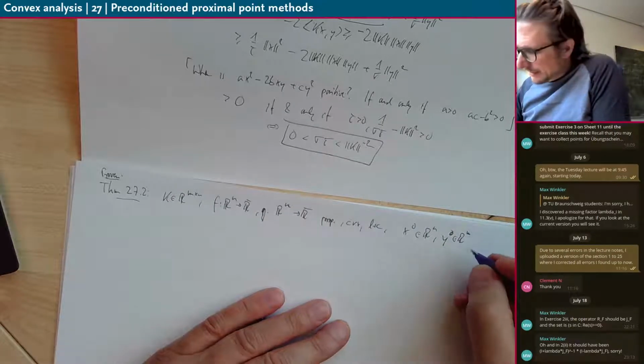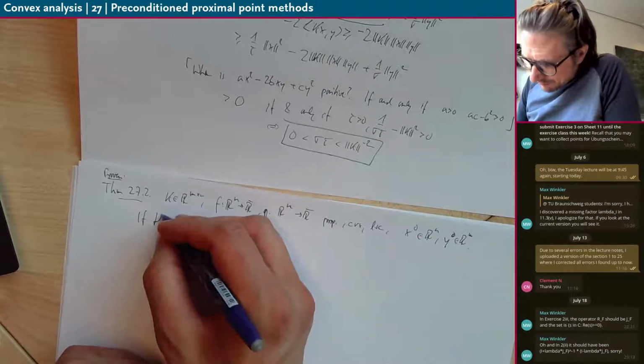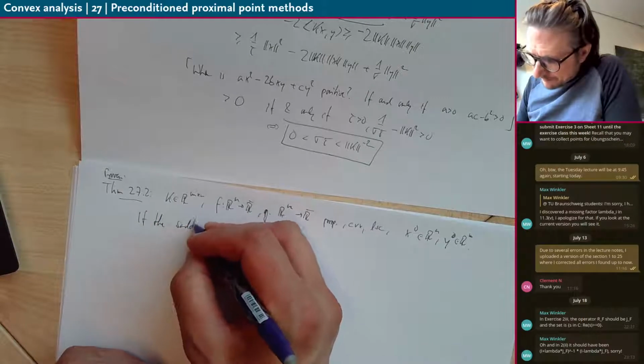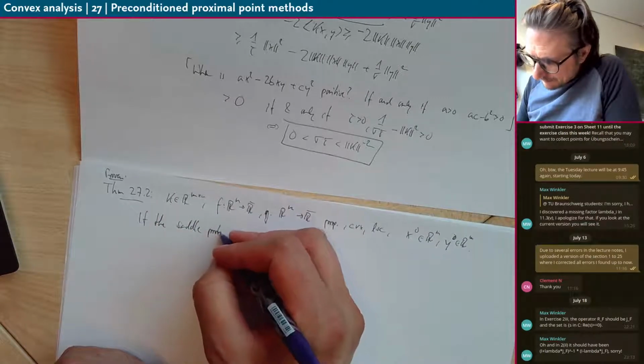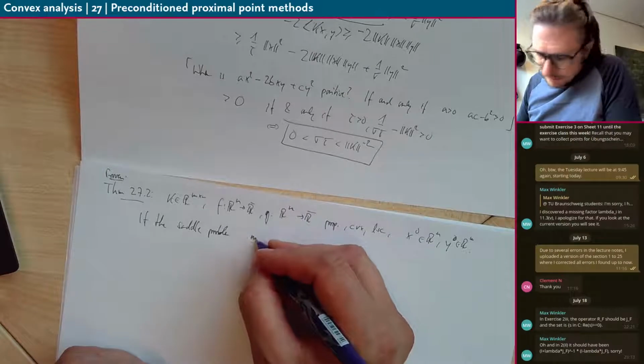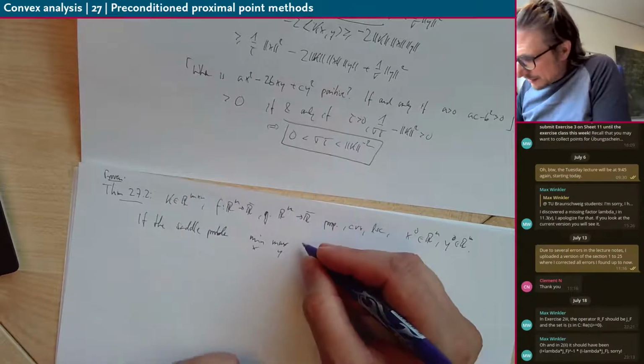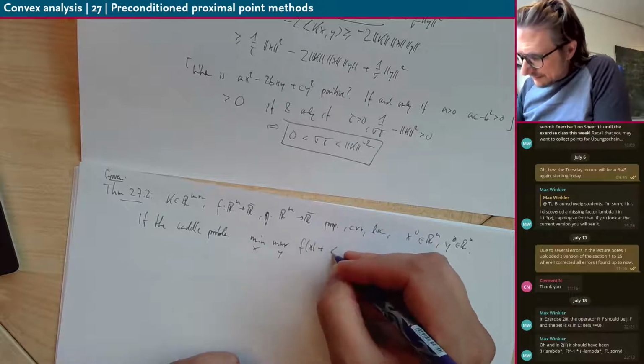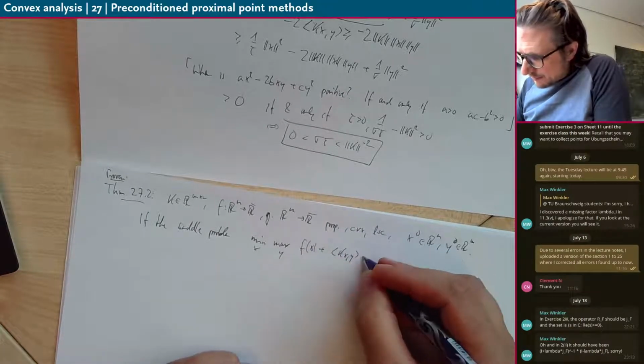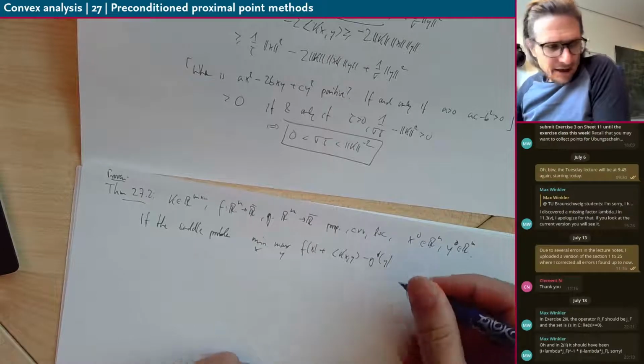And then you can say: if the saddle point problem, minimize over x, maximize over y, f of x plus kx, y minus g star of y, has a solution.